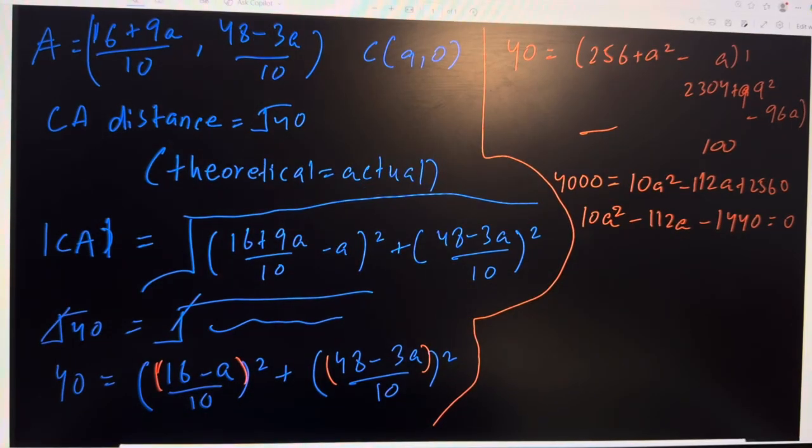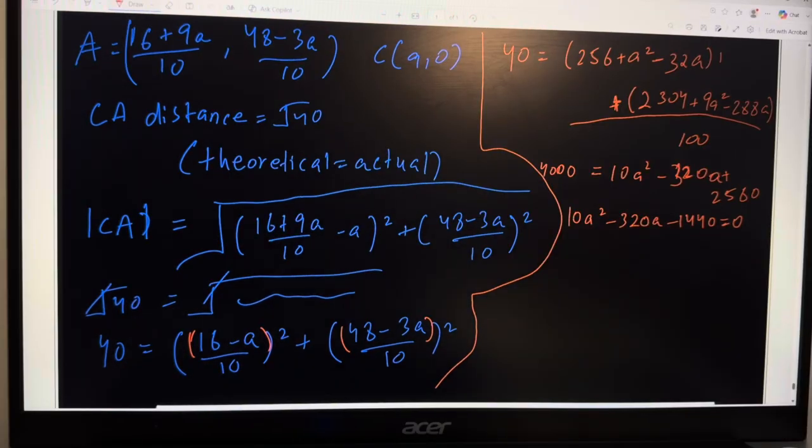So I did something wrong. Here 2ab minus 2ab, I did 16 instead of 32, and here I did minus 96 instead of another number, I think 288. So let me just fix that. I did some mistakes when expanding these squares.